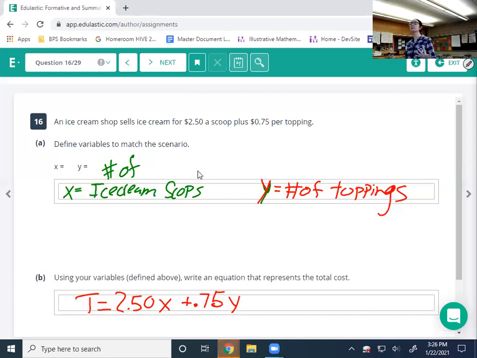That is the equation that matches the scenario, because each scoop costs $2.50, so you multiply that by the number of scoops, plus 75 cents for each topping, times the number of toppings Y you put on your ice cream.